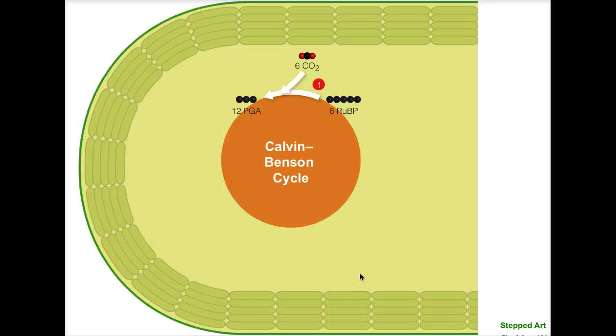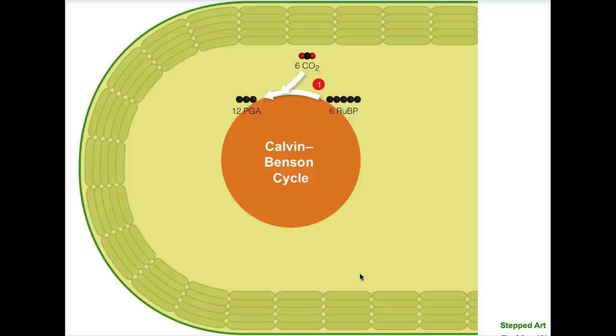So the second half of photosynthesis is the light-independent reaction. And basically it's a series of reactions that occur in a cyclic pathway. And we can break that cyclic pathway down into a few steps. The first thing that we have to understand is that the Calvin-Benson cycle has to turn 6 times for us to be able to have enough carbon infused in the cycle to form one glucose molecule.